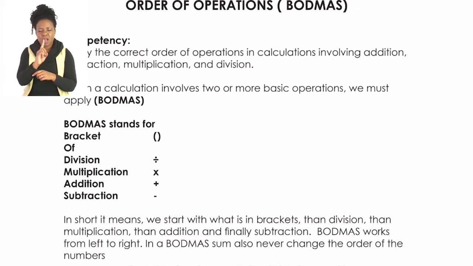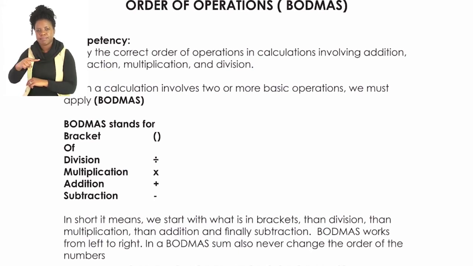Now, boys and girls, what does BODMAS stand for? The B stands for brackets, the O stands for of, the D stands for division, the M stands for multiplication, the A stands for addition, and the S stands for subtraction.